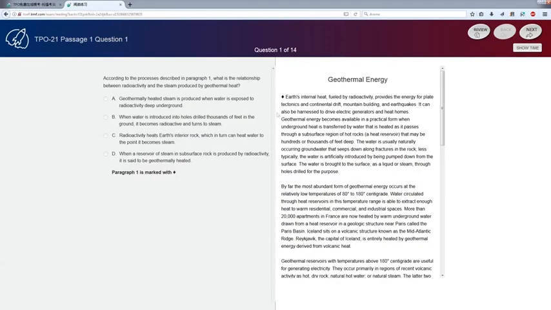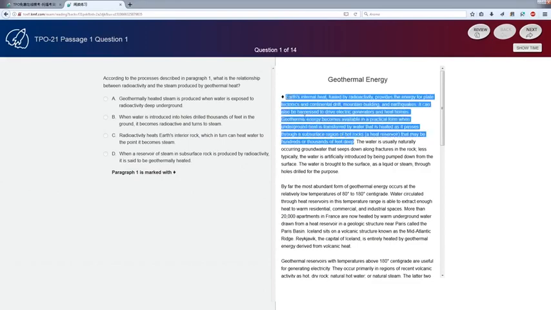So you're reading and reading, trying to catch anything related to the steam and geothermal heat. And here it says geothermal energy, and it's talking about heat and so on. So this is the paragraph that is going to give us the answer.